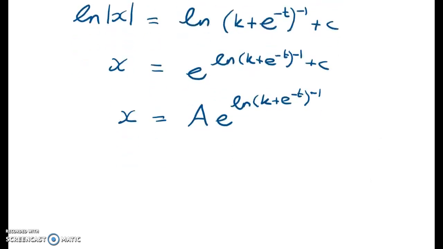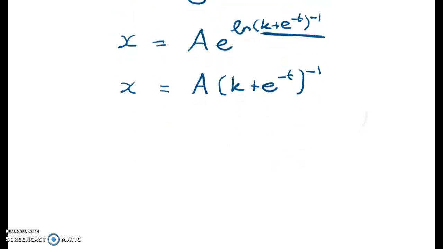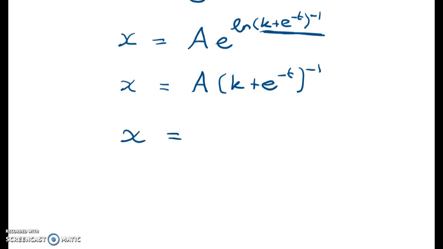And then the last step is to say, well, hang on, there's not much point having e to the power of a natural log now that we've seen the pattern. So it's going to be just a times k plus e to the negative t to the power of negative 1. So that gives me x is equal to a over k plus e to the negative t. And now we're ready to do the rest of the problem. And we've got it into quite a nice, simple form.